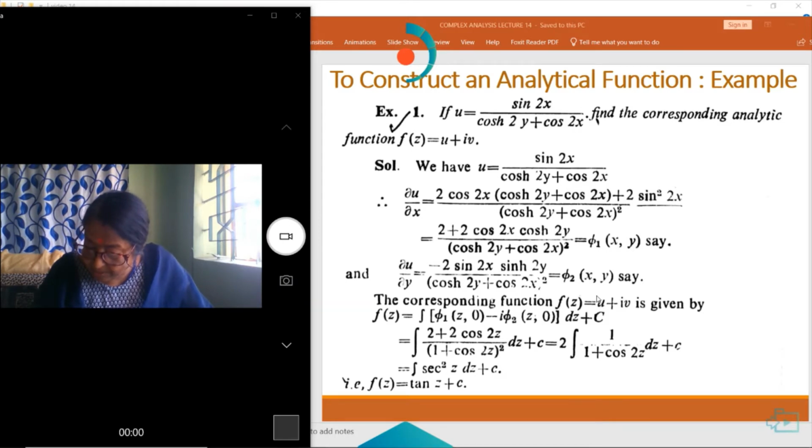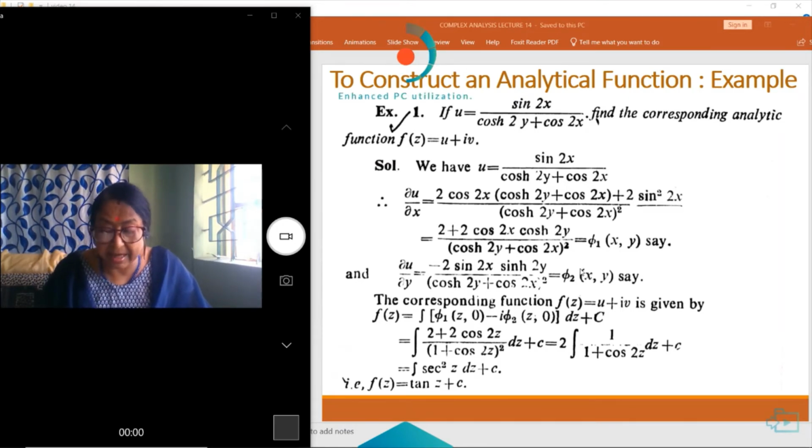Here, in place of x you put z and in place of y you put 0. After putting this, we get f(z) = ∫ sec² z dz + c, which after integration gives us tan z + c. So this is the analytic function.